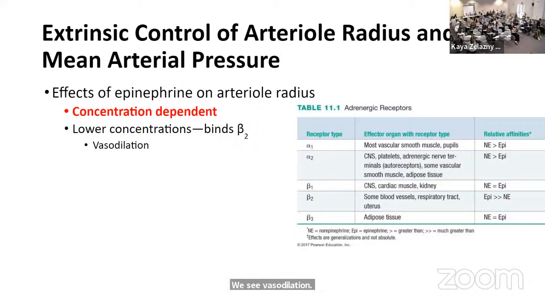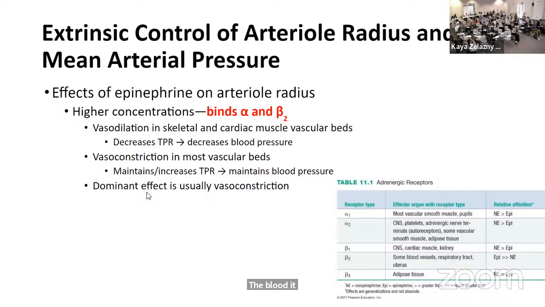and the heart, right? So with epinephrine, the first thing that happens is that we immediately start to get that skeletal muscle the blood it needs. We start to get that heart the blood it needs. As we get to higher concentrations, right? We talked way back when about this idea of saturation, right? So as we start to have more and more epinephrine, more and more of those beta-2 receptors are full, like they already have some epinephrine bound to them.